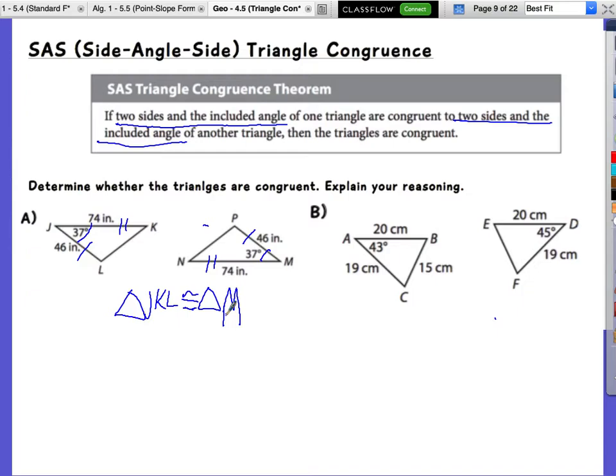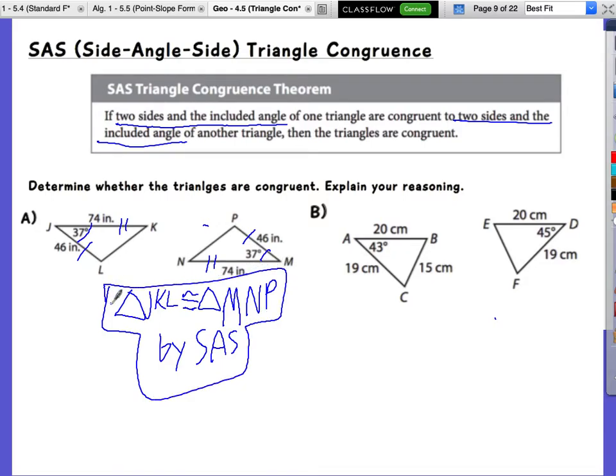From J to K, it went the two tick marks, right? M to N, the two tick marks. P. And what did we use here? Very good. We used SAS, our side, angle, side. And once again, this is just an abbreviation. Side, angle, side. Questions on that?